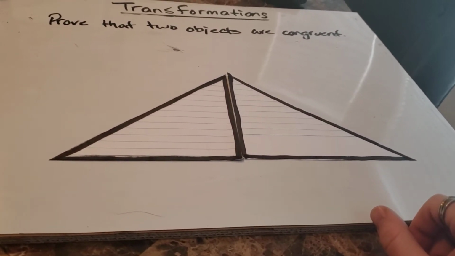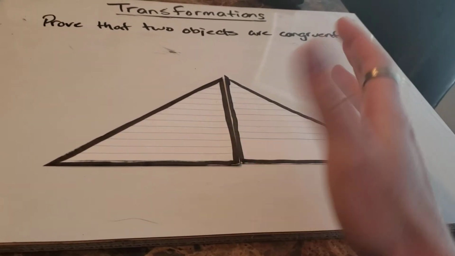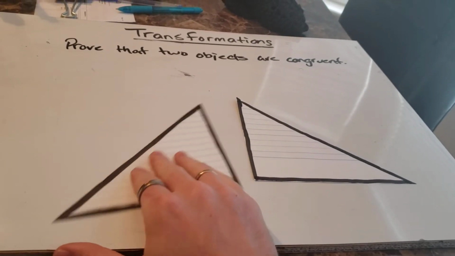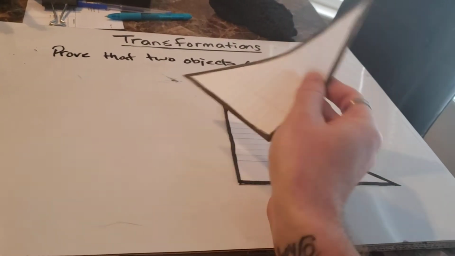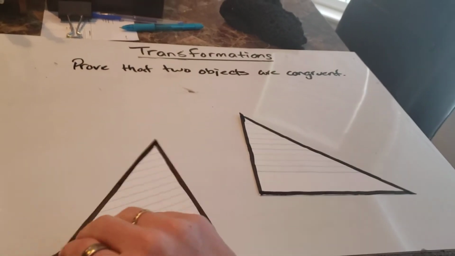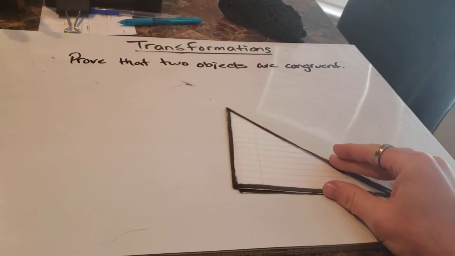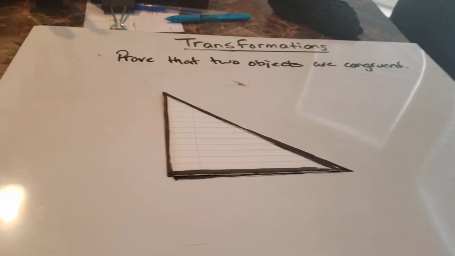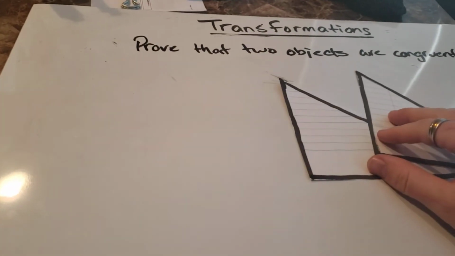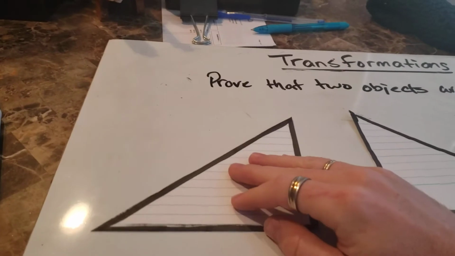Now, the next thing I would have to do is flip one of these triangles over this line. So I could flip this one left to right, or I could flip this one right to left, right? And once I've done that, they're on top of each other, and I have proved that they are congruent. So we slid one over, and then we flipped another one.